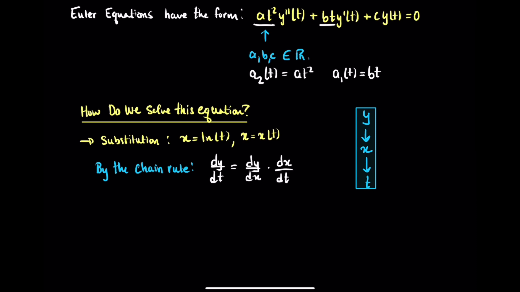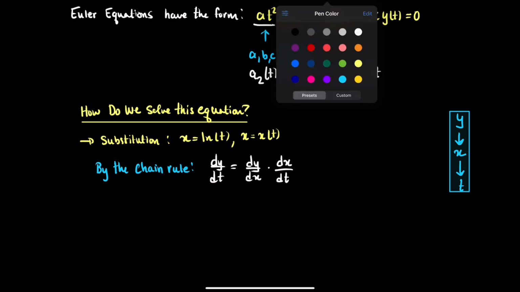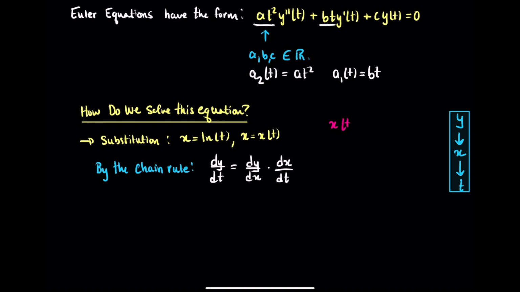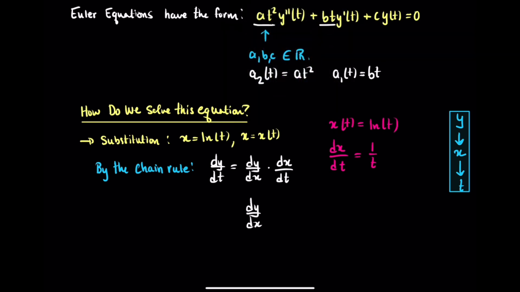Now we know what x of t is. We know that x of t is equal to ln t, and so if we take the derivative, dx dt, we get 1 over t. So dy dt is equal to dy dx times 1 over t.